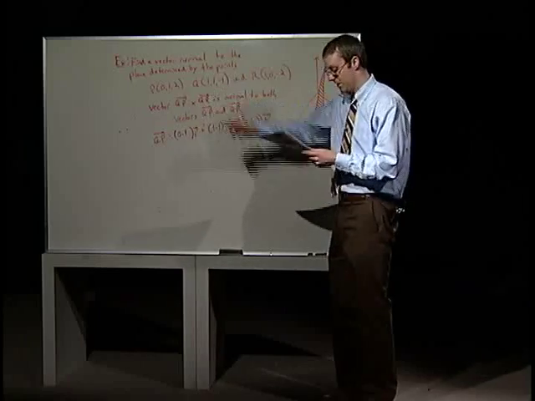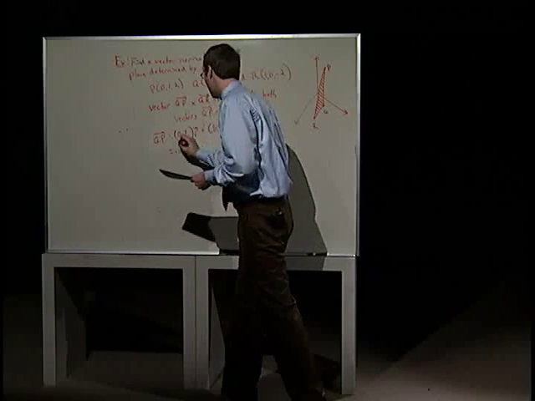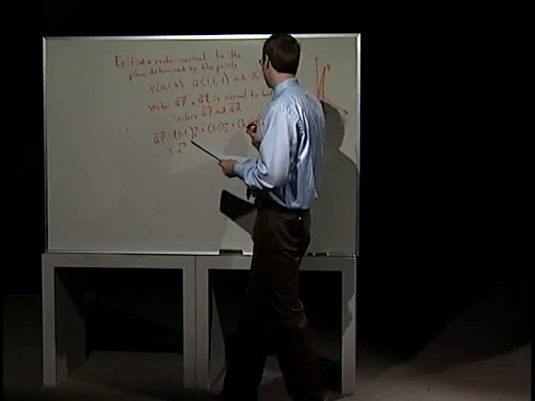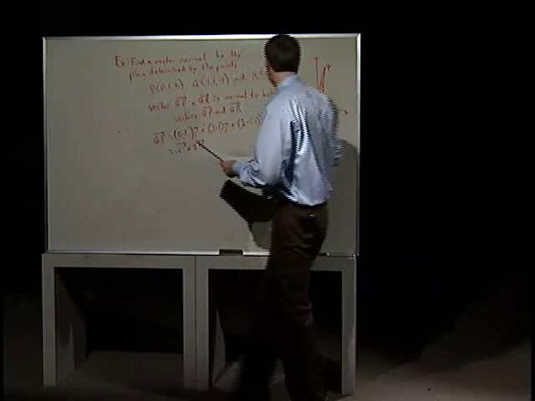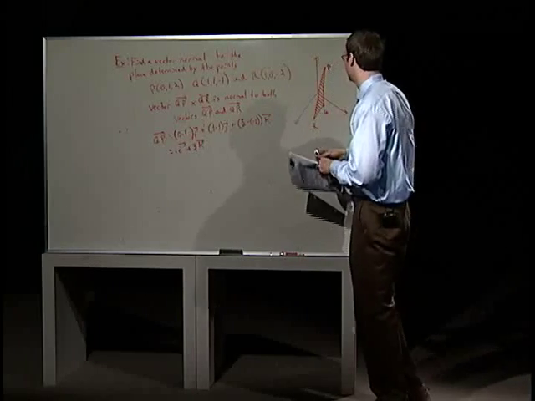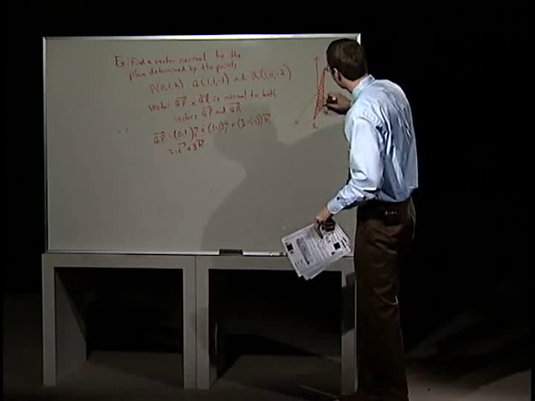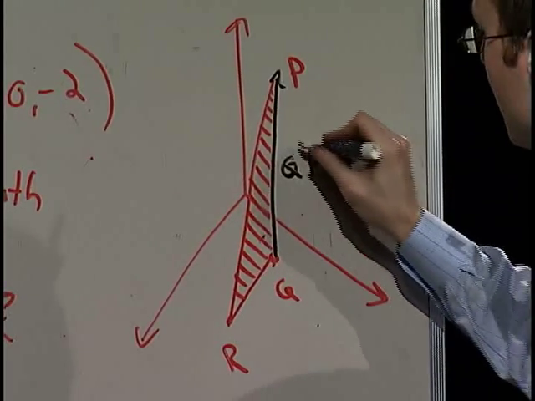So there's your vector QP. And that looks like it gives you negative i and 3k. I'll use black here to denote this. So that's this vector right here. That's QP.